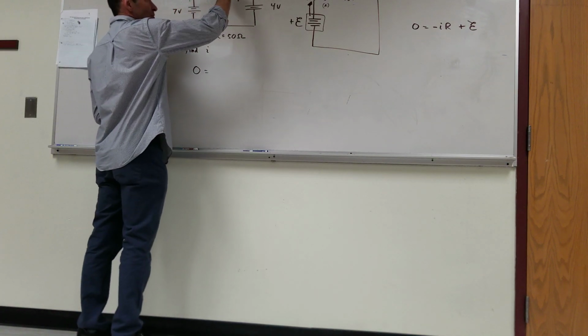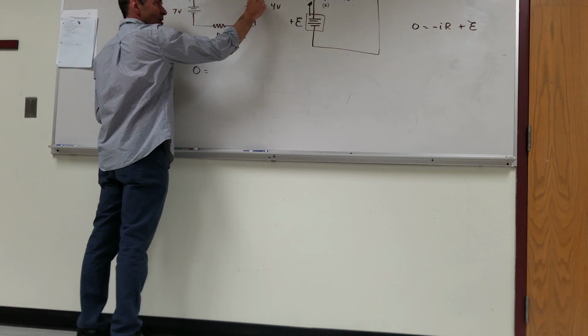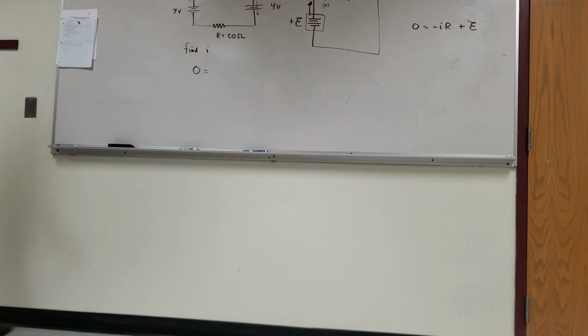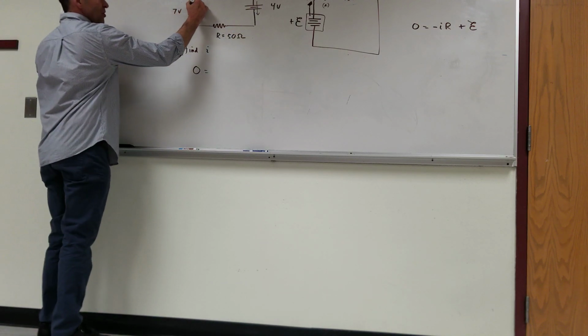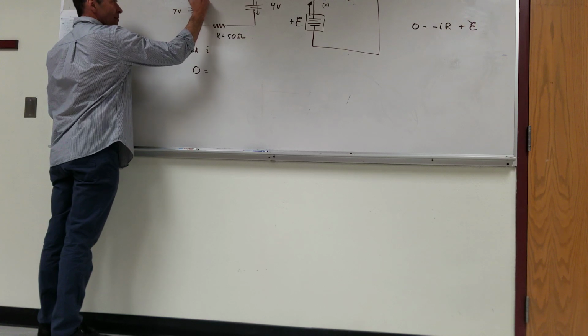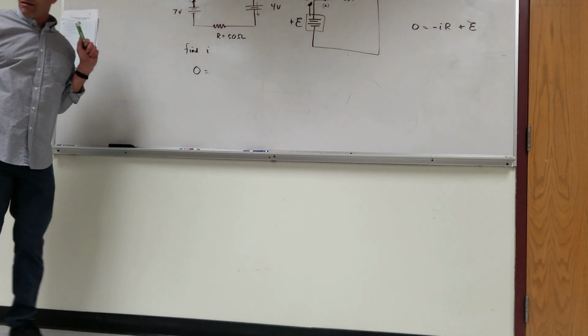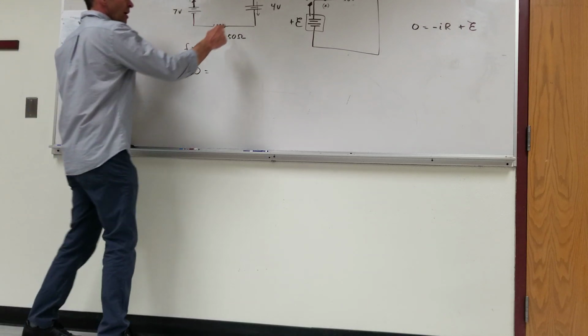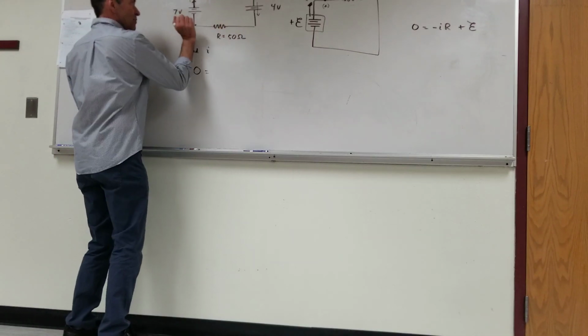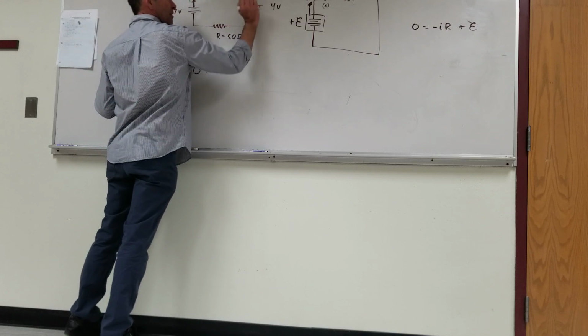So, as we go this way, will it be a gain or a loss as we cross this way? This battery is pushing the current coming off the big thing. So here we're choosing a current that's going against the battery. So we are losing voltage. This one pushes it this way. This one's going to kind of go against it.